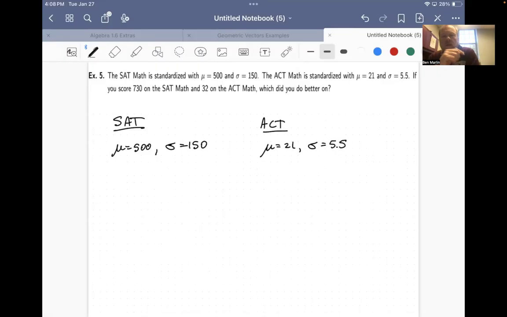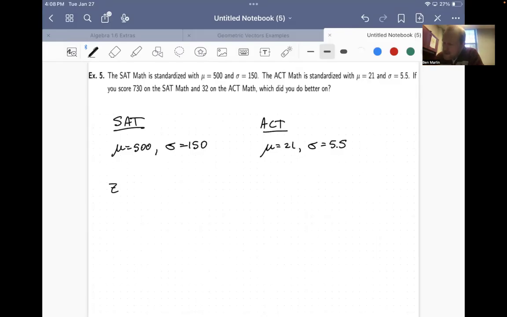So in this situation, you're thinking about somebody who's preparing to apply for college, and they've taken both tests and they've gotten their scores, and they want to figure out which one to submit to Guilford College in order to make the best impression and maybe qualify for some scholarships.